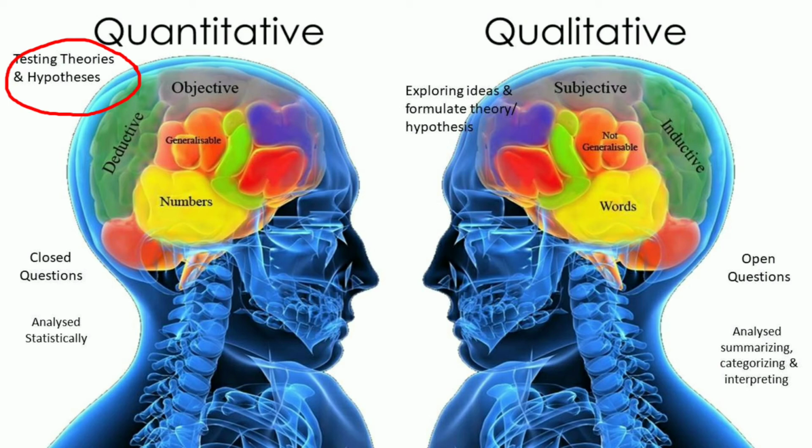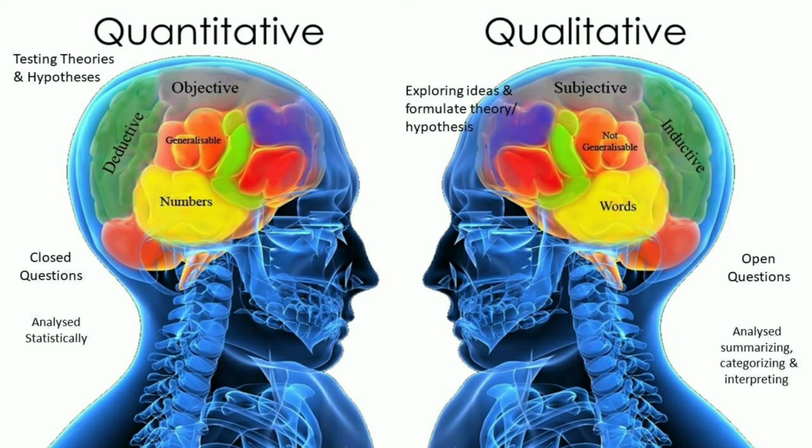Quantitative research is mainly focused on testing theories and hypotheses, whereas qualitative research is focused on exploring ideas and formulating a theory and hypothesis. Quantitative research is analyzed through mathematics, statistical analysis or statistical tools, while qualitative research is mainly analyzed by summarizing, categorizing and interpreting the result.